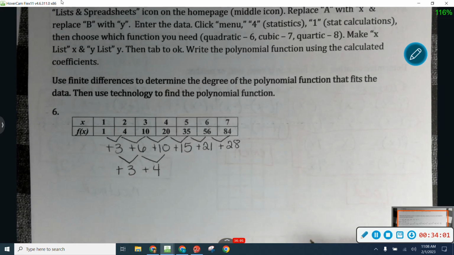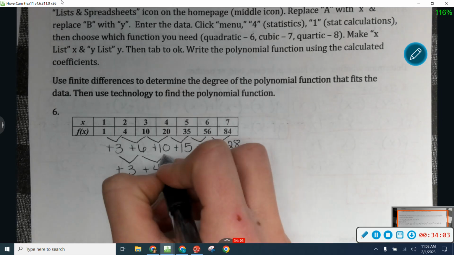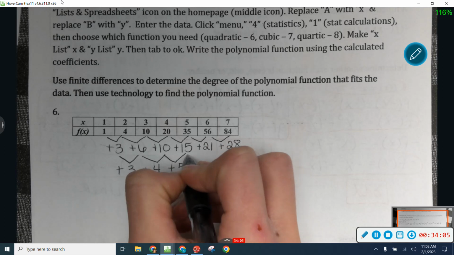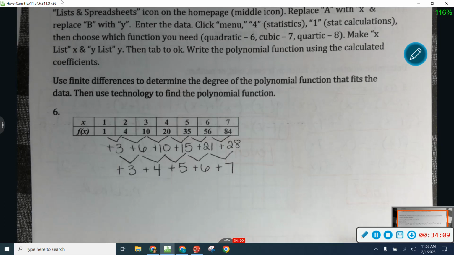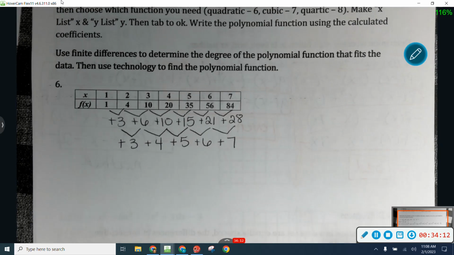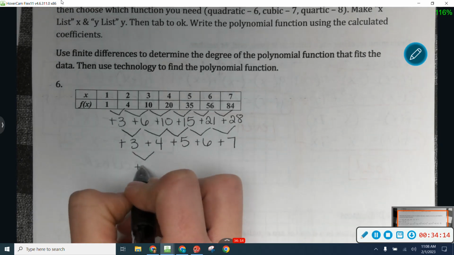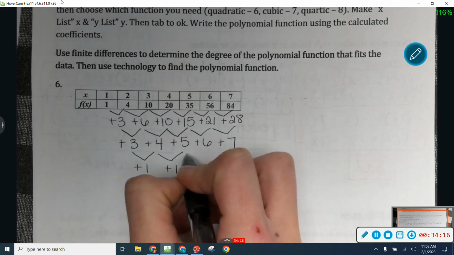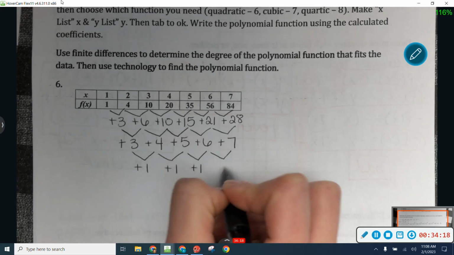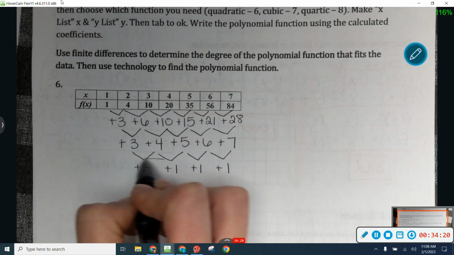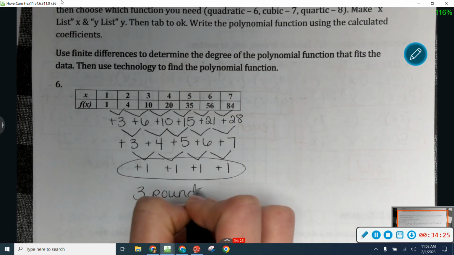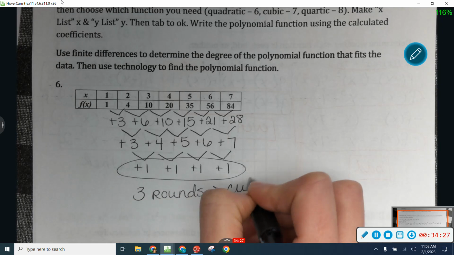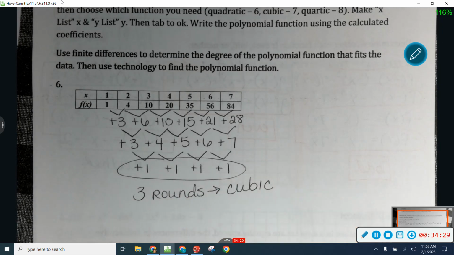So we know it's not quadratic. 10 to 15, 15 to 21, 21 to 28. So we do another round. 3 to 4, 4 to 5, 5 to 6, 6 to 7. So I did 3 rounds. So that's going to be cubic. Okay?